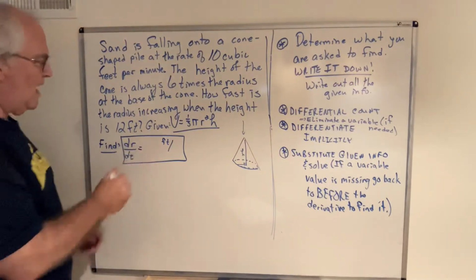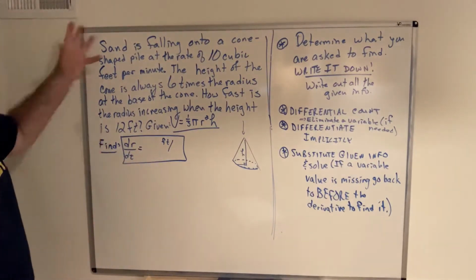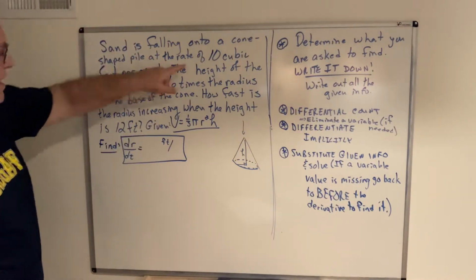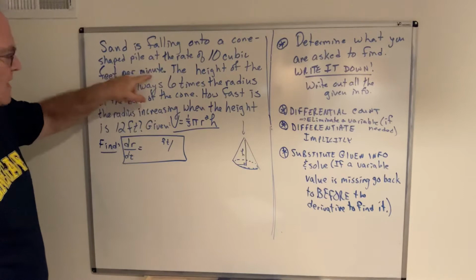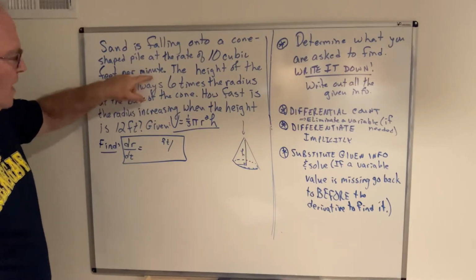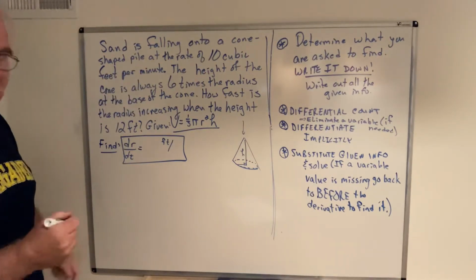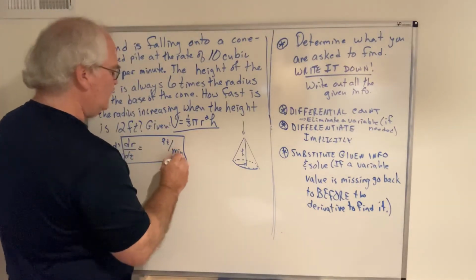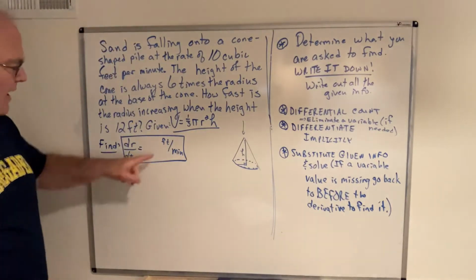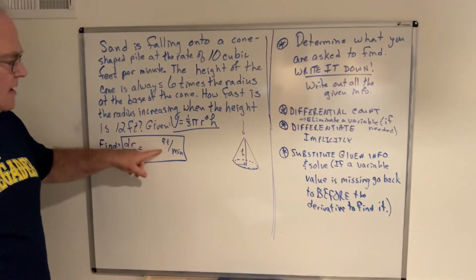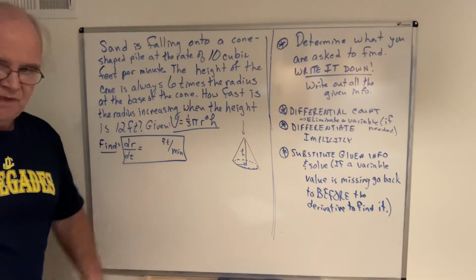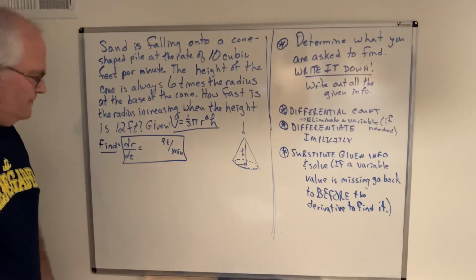Now, what unit of time are we working with? Somewhere in the problem, there is a unit of time given, and it is right here: 10 cubic feet per minute. So we are in feet per minute. And so we can go ahead and write the unit in before we start. That will make the physics people happy. When you go to your physics course, they'll be glad you did that.